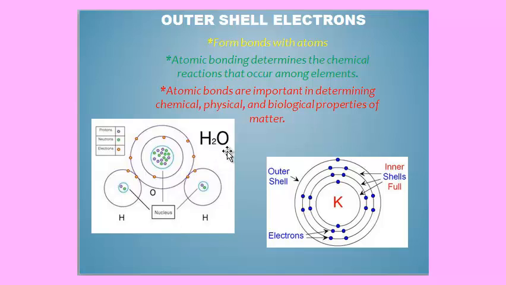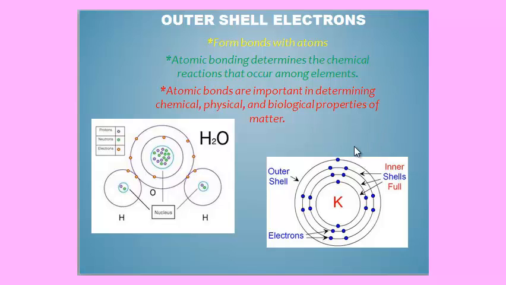When you're looking at a molecule of water, we know it has two hydrogens and one oxygen. You can see that the two hydrogens are bonding with the oxygen with their outer shell, those valence electrons. So atomic bonding determines the chemical reactions that occur among elements.